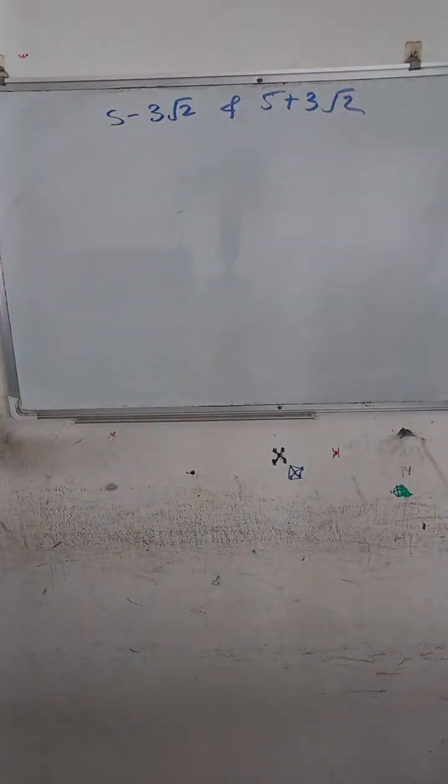Okay, the question is: find out the quadratic polynomial where zeros are 5 minus 3 root 2 and 5 plus 3 root 2.